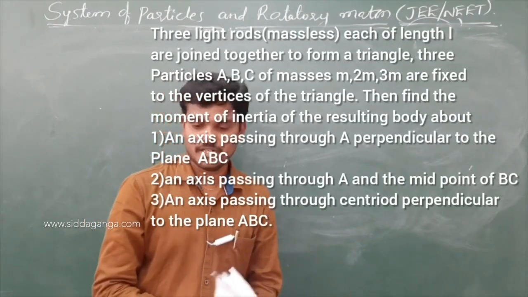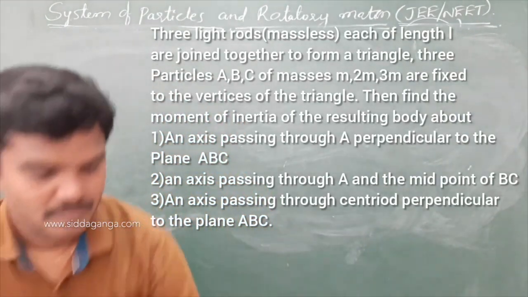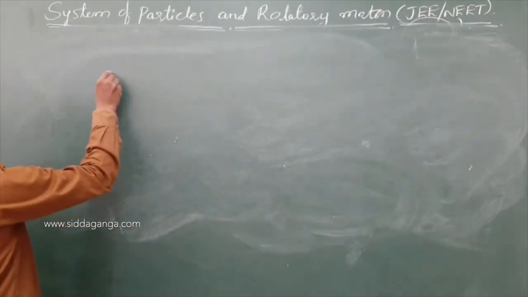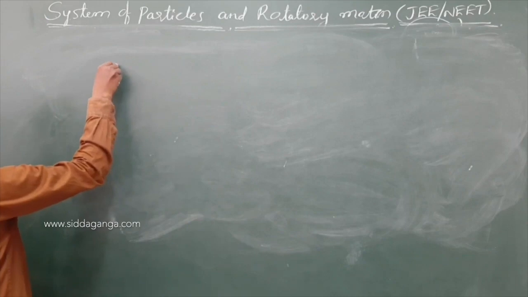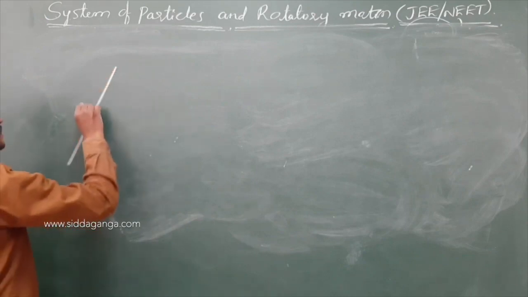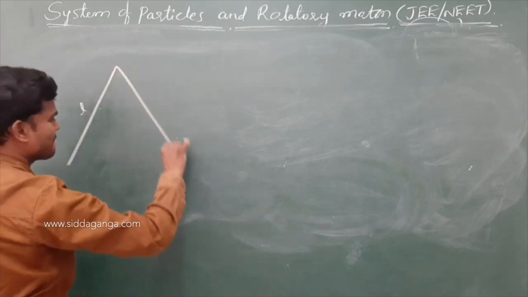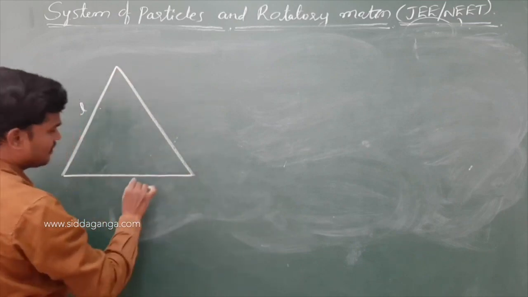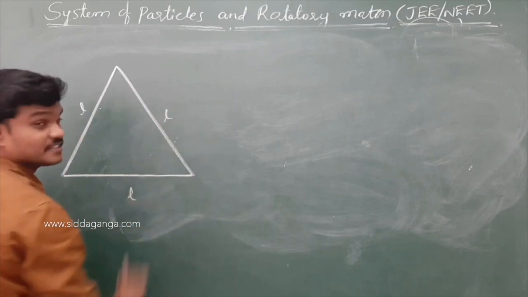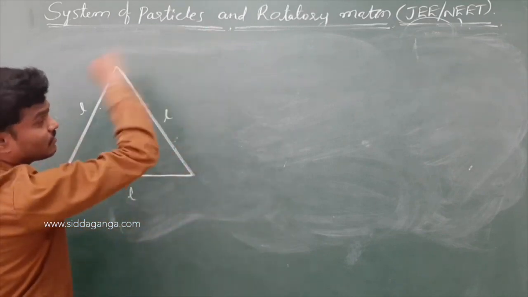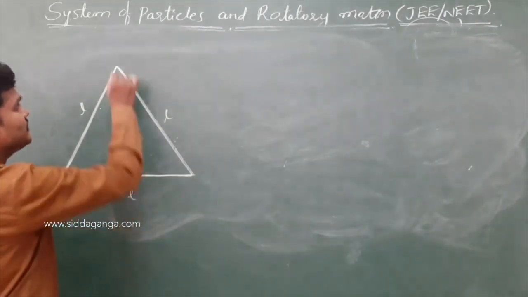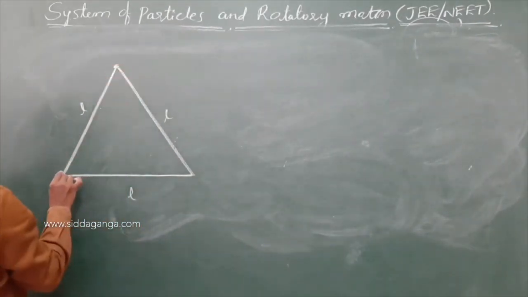See the data, what they have given. Three light rods, they are massless. This is the rod whose length is L. Of course, this is an easy level question. The three light rods are joined to form a triangle with some masses.